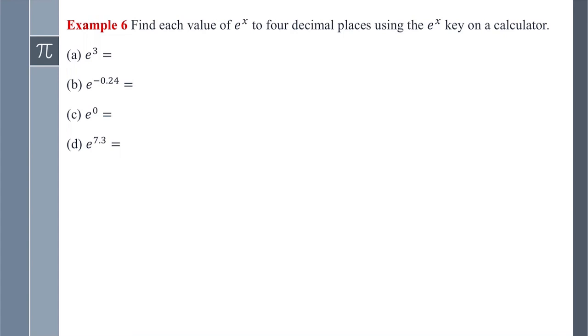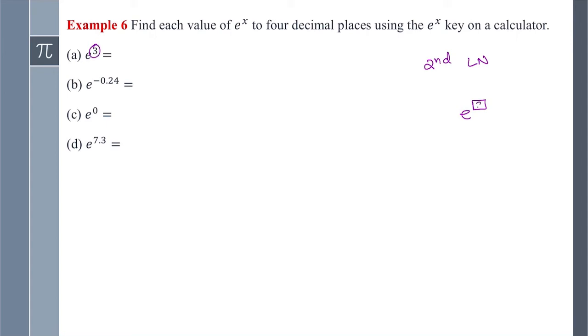Now, any calculator, TI-84 or TI-83, will have a key where we can find this. If we have e to some power, we can just find that from the calculator. So in your calculator, if you go to second and then ln, this is what you see on your screen: e to the box. And then in that box, you put whatever the exponent is.